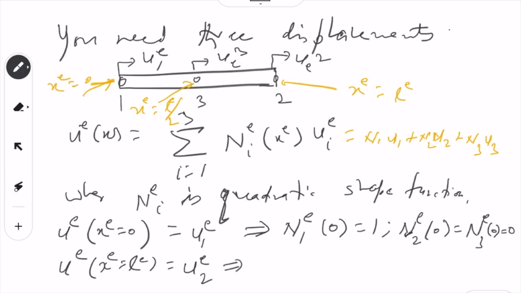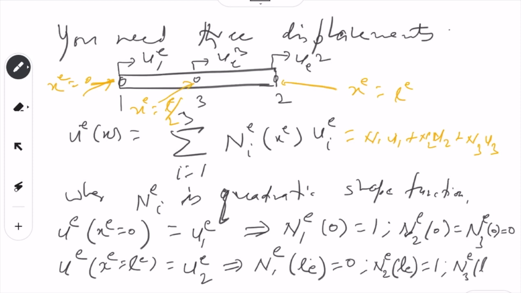So, this means simply that n e 1 at x equal to L e has to equal 0, n e 2 at x equal to L e has to equal 1, and n e 3 at L e has to equal 0.